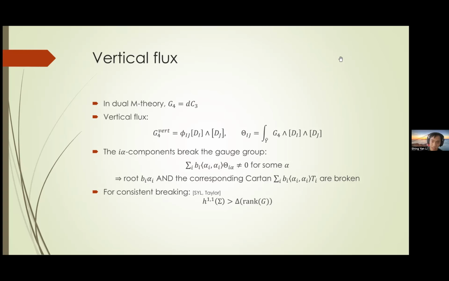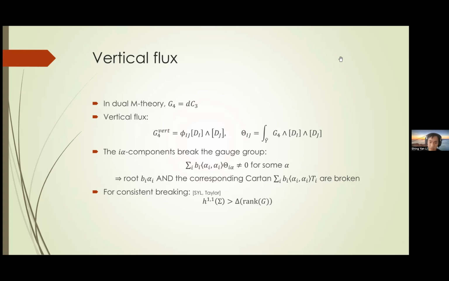So in general, we can write G4 vertical equals the flux parameter phi_ij times D_i wedge D_j, the product of (1,1)-forms, summed up. And then we also define the integration of this vertical flux to be theta_ij.